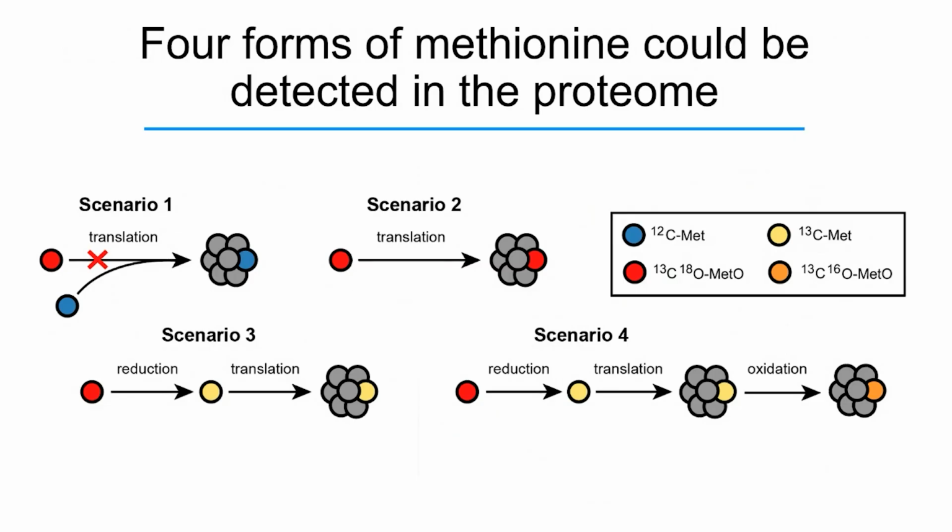But even though we removed those MSR enzymes, there is a possibility that you can reduce that methionine sulfoxide. So you could just get the heavy backbone-labeled methionine, and that could be what you see in your protein. Or there's another case: since I'm not going to be accounting for any artifactual oxidation in this method, you could have the case where the methionine becomes reduced and then subsequently oxidized, either in the cell or through the sample processing.